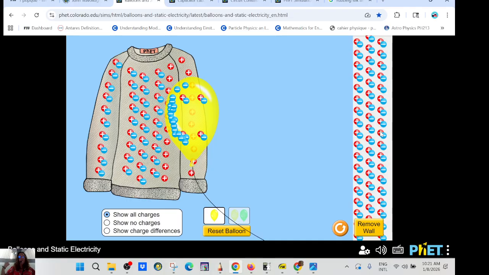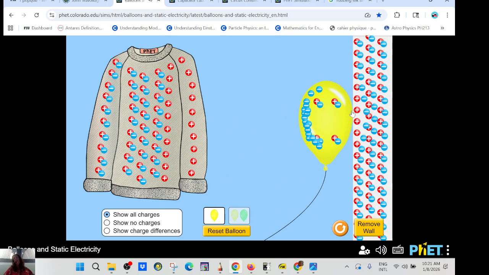They are not tied. But in this case it's an insulator. What's going to happen? This is called polarization. Even though the electrons cannot move freely, the molecule can be polarized. And that's how they stick to each other.